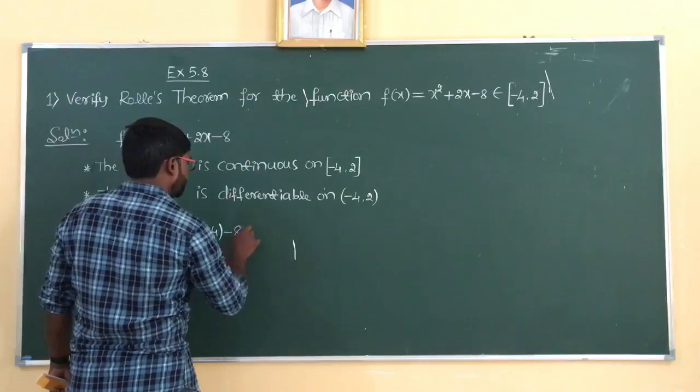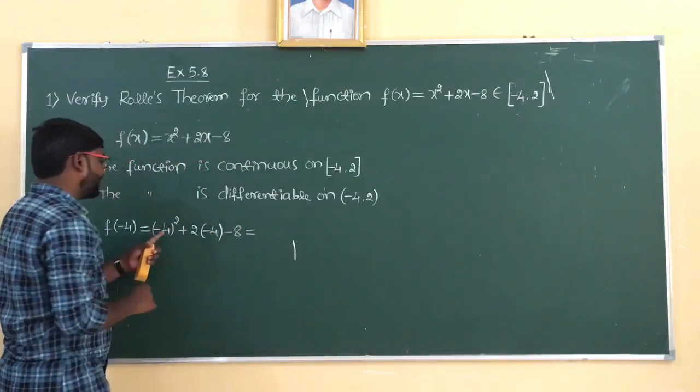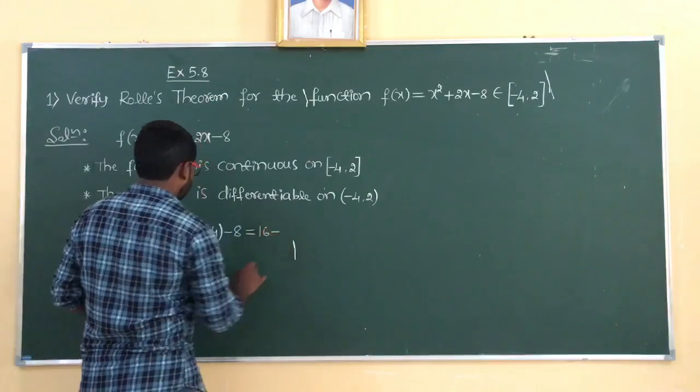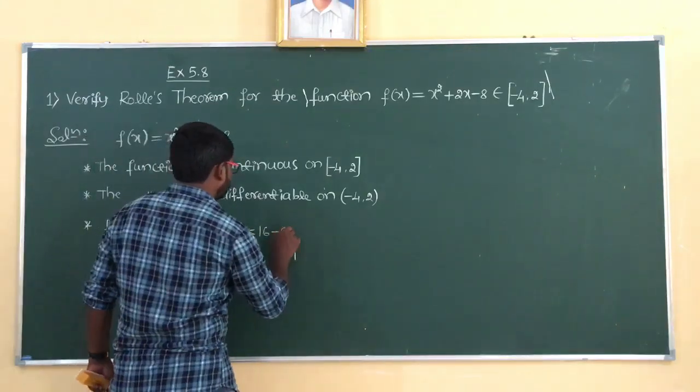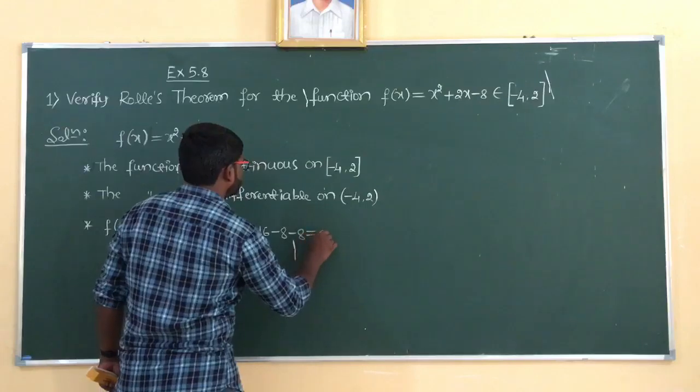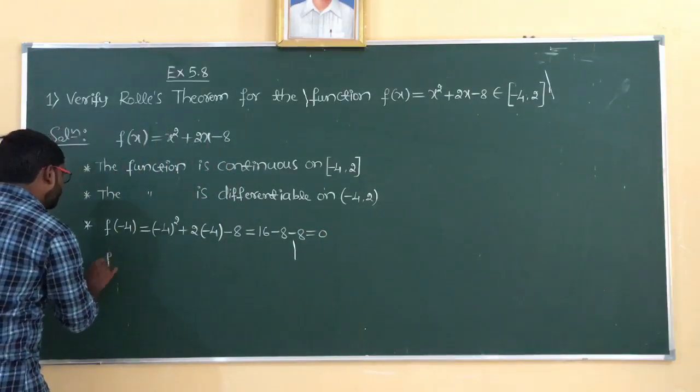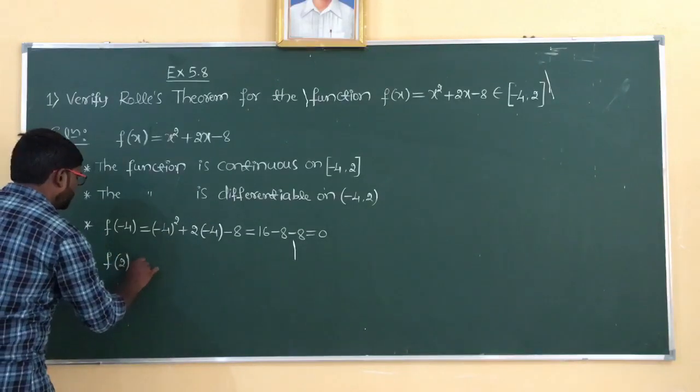So now let us simplify this. Minus 4 square will be 16, then 2 into minus 4 is minus 8, and then minus 8, this will be 0.